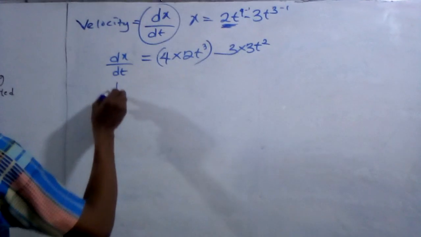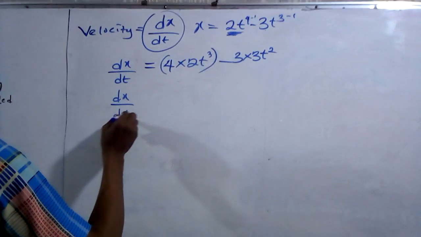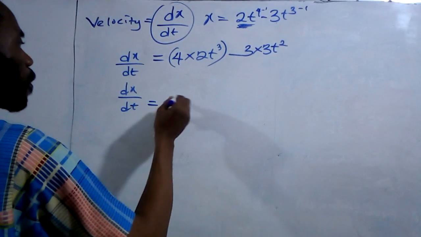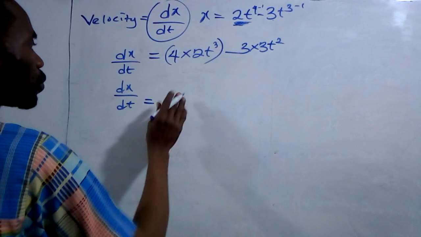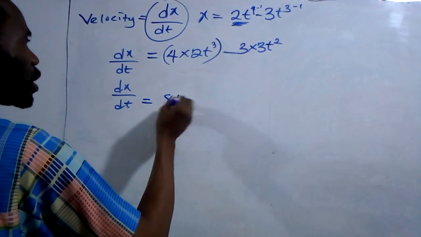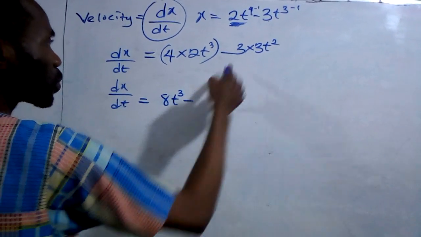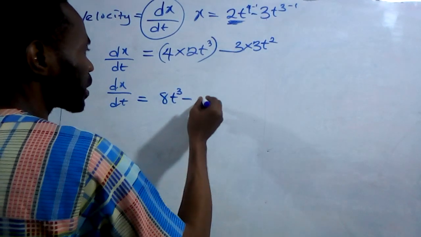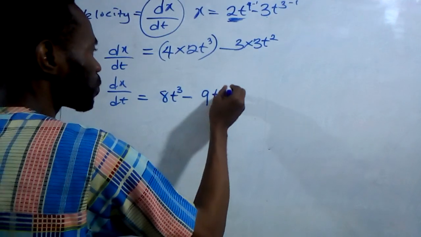So ds over dt will be equal to 4 times 2, which is 8, so we have 8t raised to the power 3, minus 3 times 3 is 9, 9t raised to the power 2.